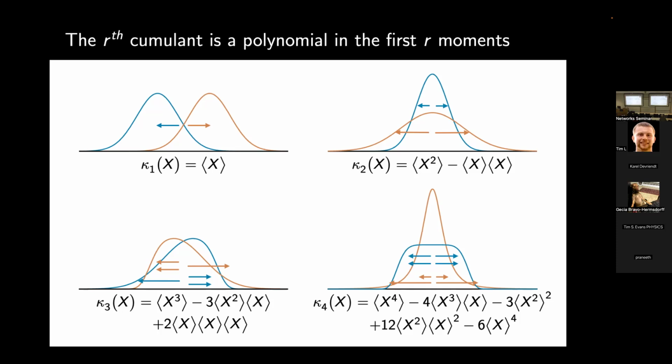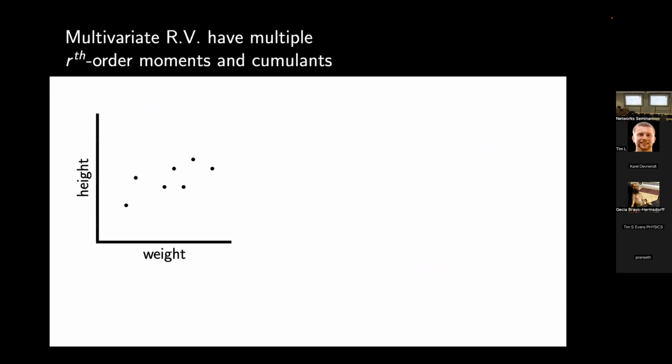Okay. So, yeah. And if you have multivariate random variables, then you're going to have more moments and cumulants at each order. So say we have heights and weights of dogs, for example. At first order you have the mean of each.